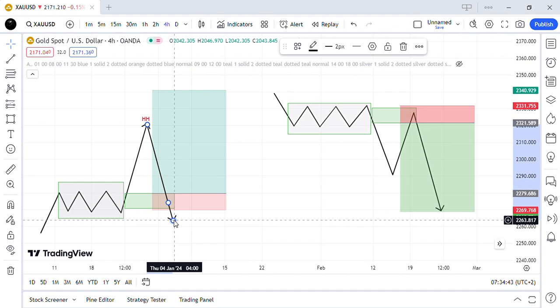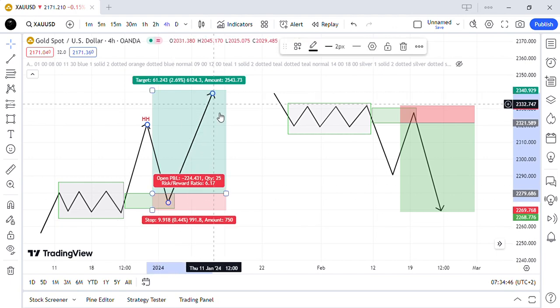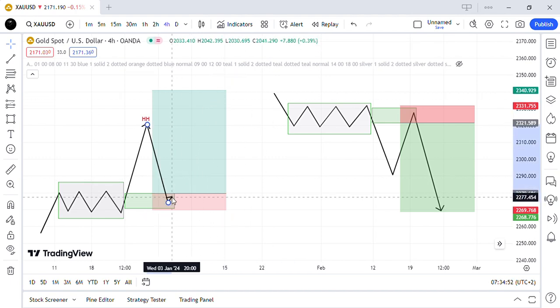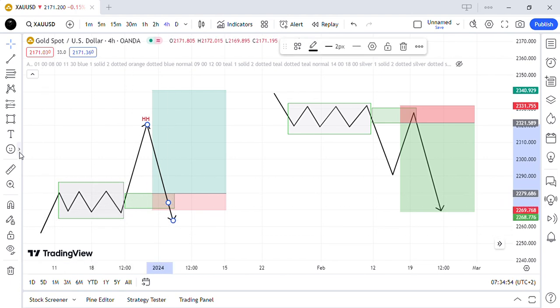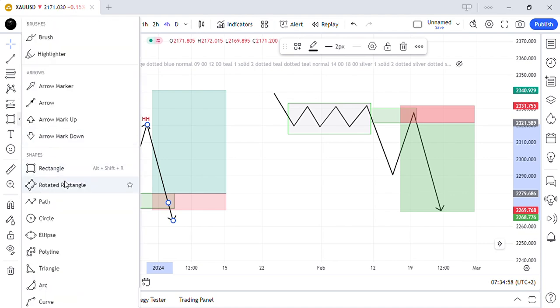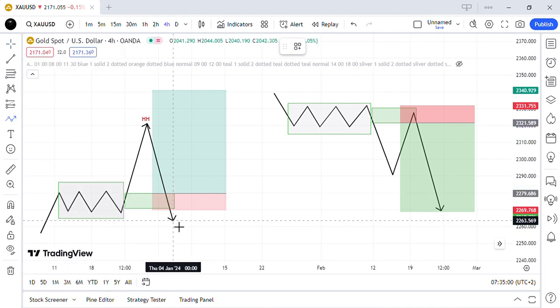You lose depending on your lot size. But sometimes maybe the news or whatever, it breaks there, and what happens next? Something like this will happen, because I've seen this.